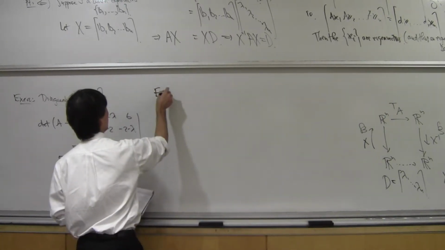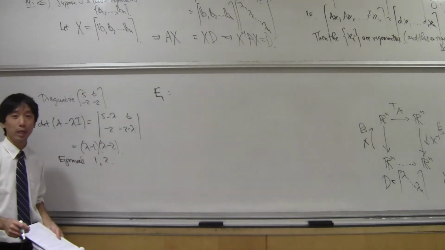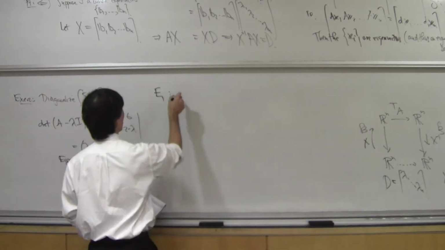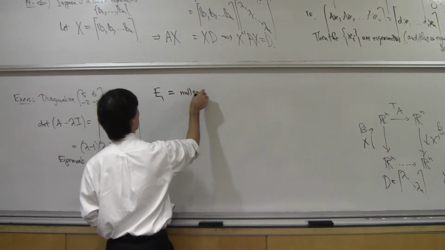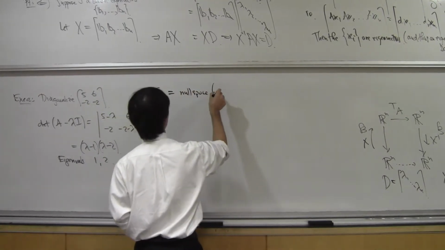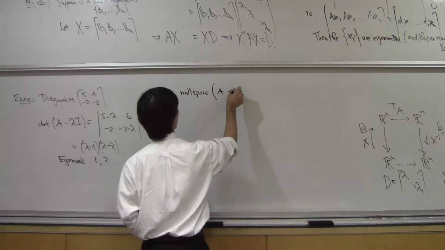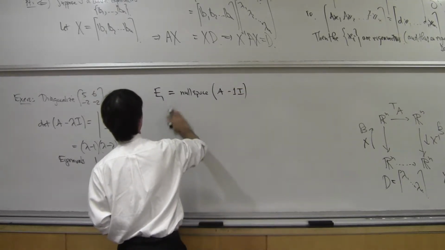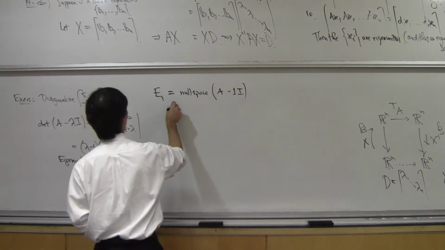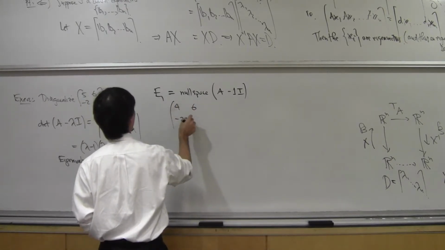We look at the eigenspace E sub 1, which is the null space of A minus 1I. In other words, the null space of 4, 6, -2, -3.